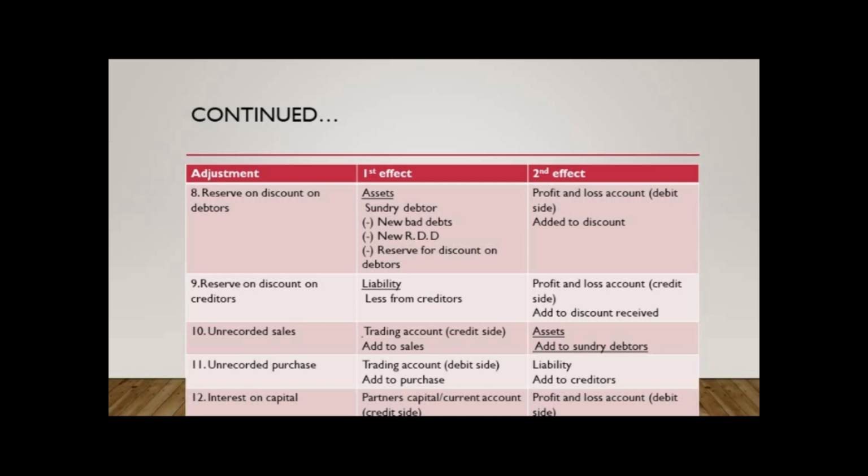If it is given in a fixed installment method, in that case they will give you both capital amount and current account amount. But we have to calculate this interest on the capital amount. So the first effect will come here, partners capital or current account credit side by interest on capital, and this is an expense from the company's point of view. Therefore the second effect will come, profit and loss account debit side.